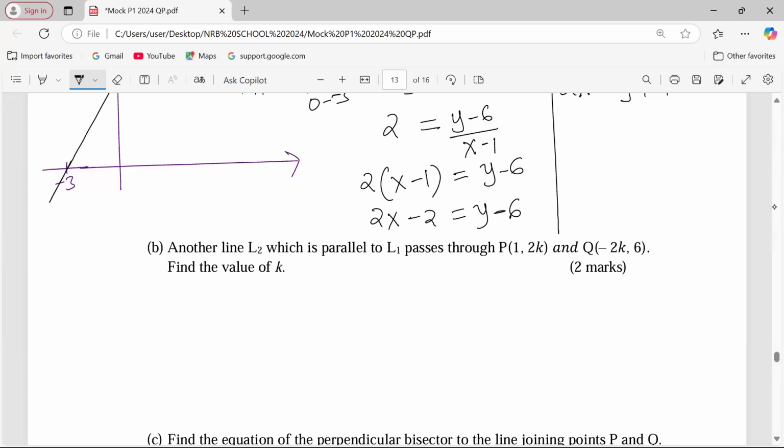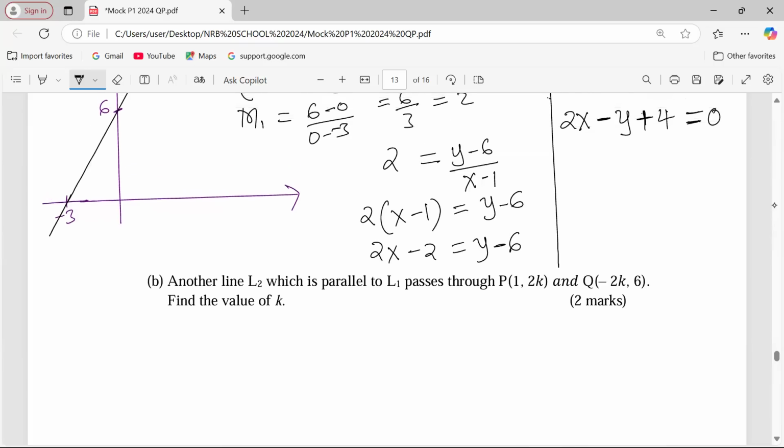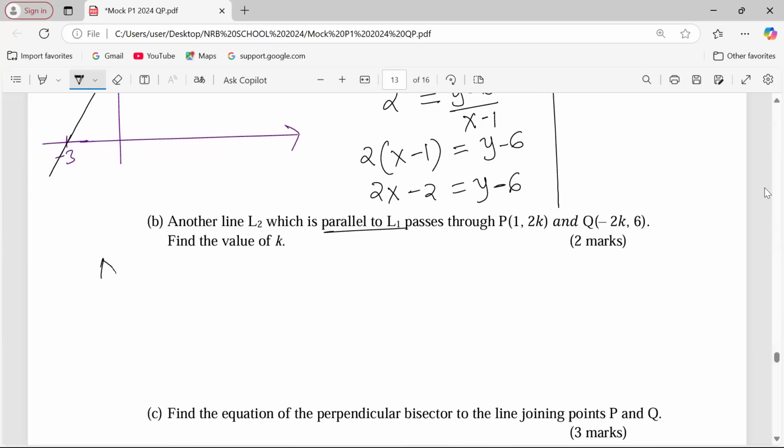Now, the concept that we should use here is that L2 is parallel to L1. For parallel lines, gradients are the same. Two parallel lines share the same gradient. Therefore, gradient 2 will be equal to gradient 1, and this is 2.